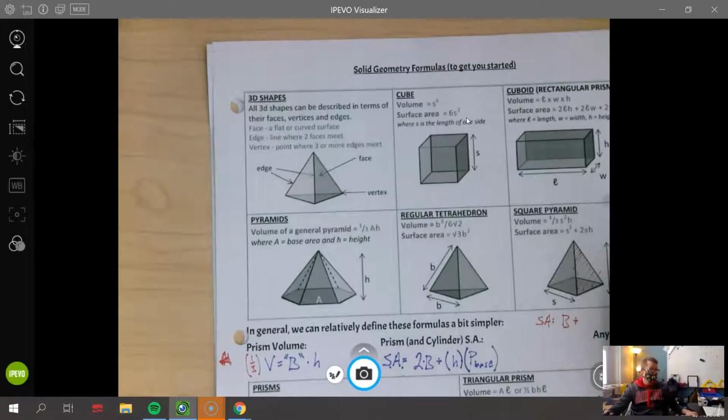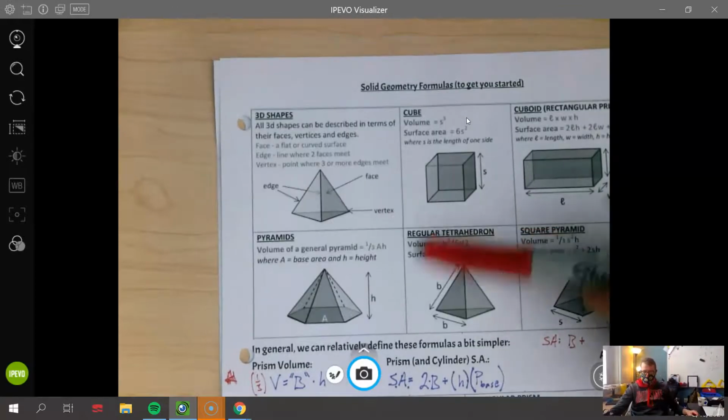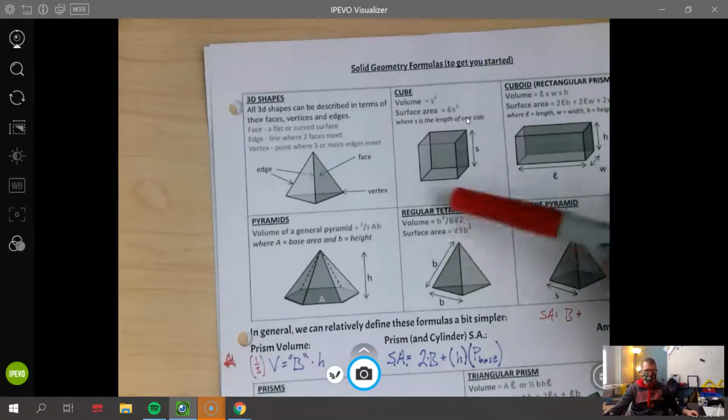Okay, this is an easy question, but what shape are these faces for a pyramid? Triangles. So triangles we know are 1/2, half of a square, so half of the base times the height is the normal formula. There's a really complicated formula over here for the regular tetrahedron.